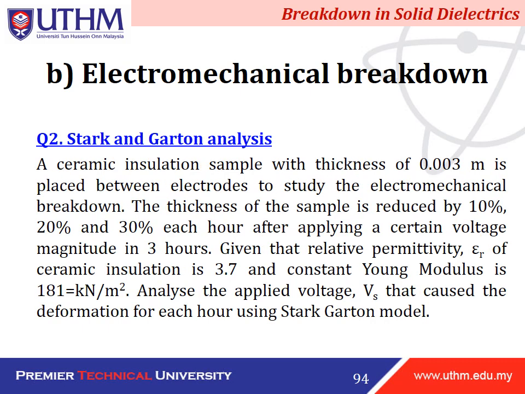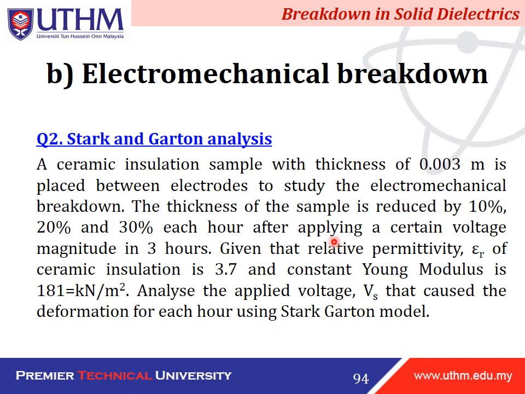So let us read the question. A ceramic insulation sample with thickness of 0.03 meter is placed between electrodes to study the electromechanical breakdown. The thickness of the sample is reduced by 10%, 20%, and 30% each hour after applying a certain voltage magnitude in 3 hours.